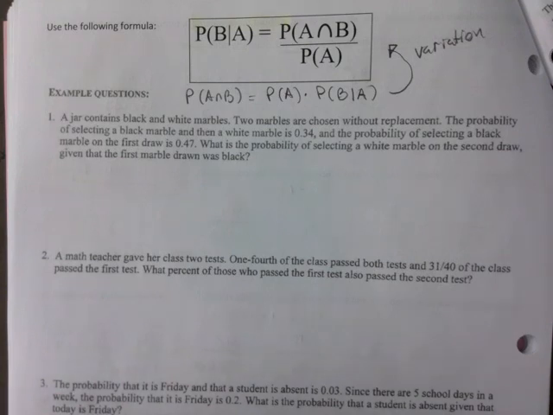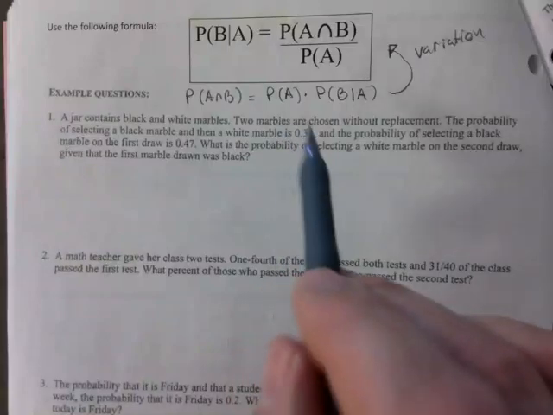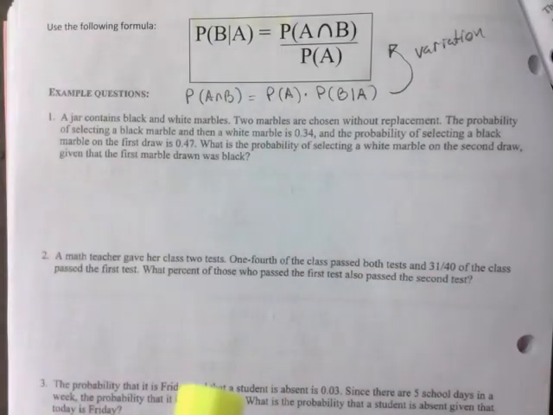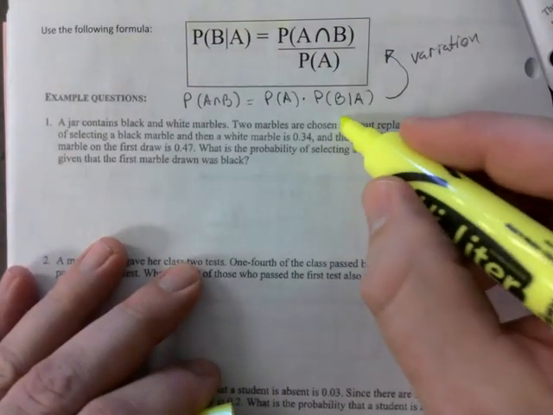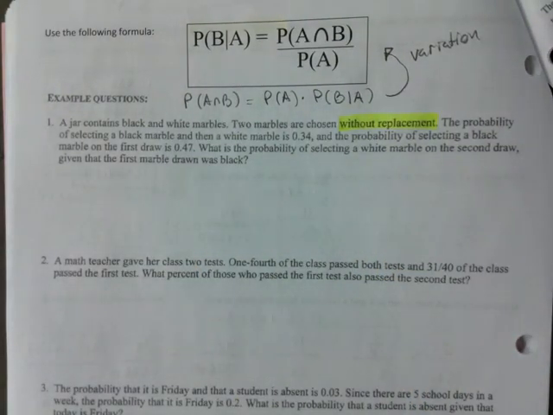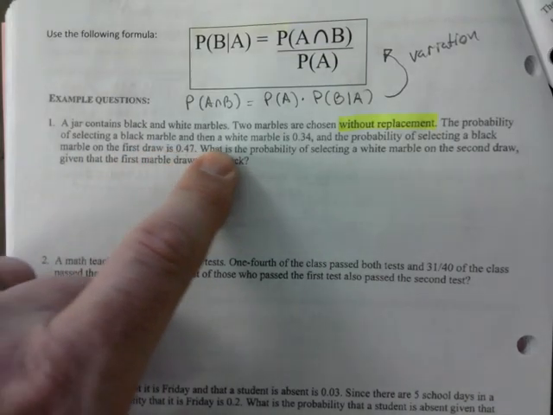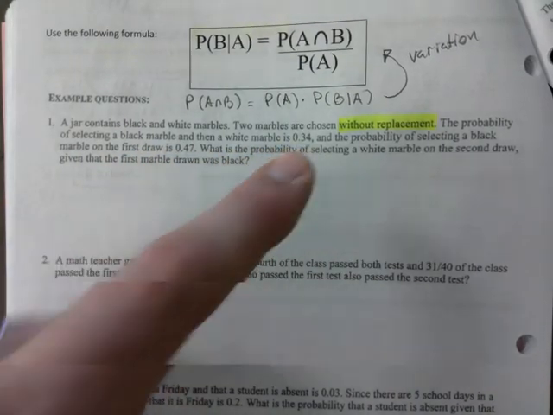So a jar contains black and white marbles. 2 marbles are chosen without replacement. That is your giveaway. It's like, okay, we're in dependent probability territory. The probability of selecting a black marble and then a white marble is this.